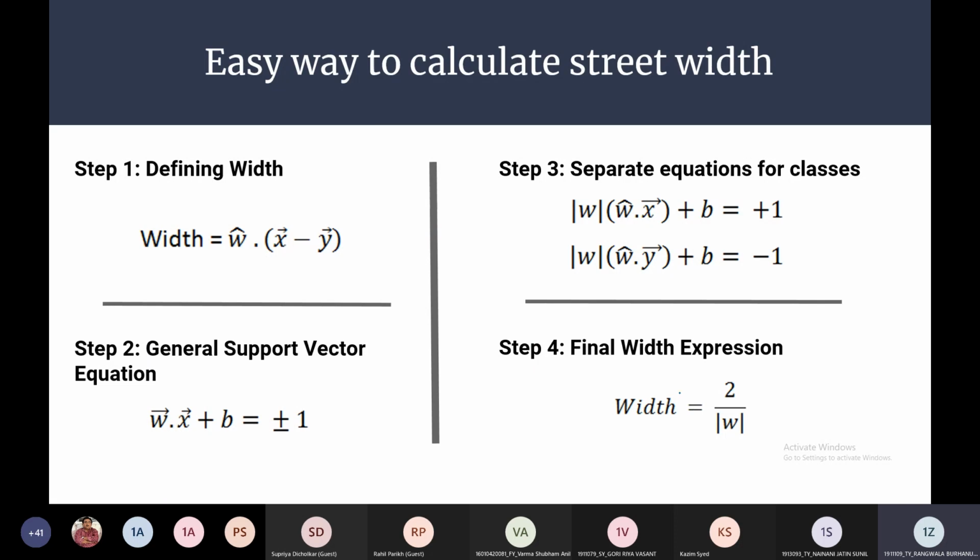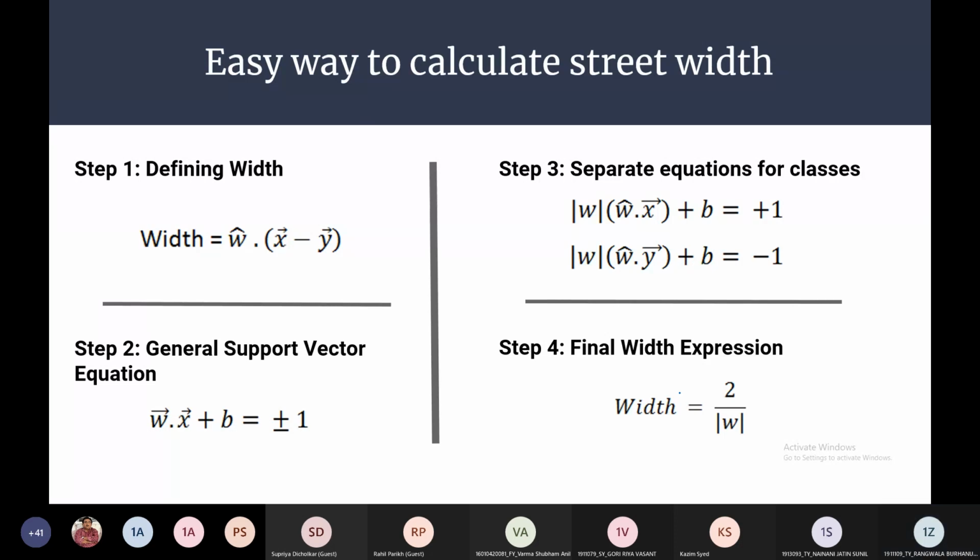Okay, so what would happen if instead of this plus minus 1, this was a plus minus 2 or plus minus n? Can anybody tell me? What this plus and minus 1 basically decides is the slope of the plane.